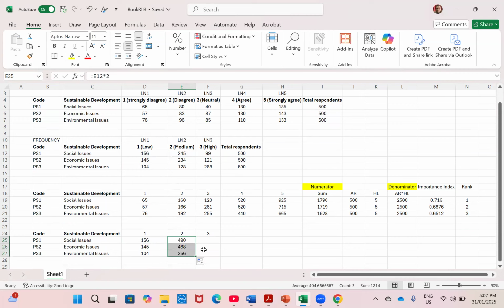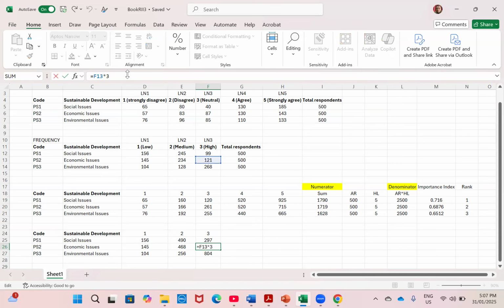You just drag it down to get the other one. 3 by 3. You just bring it down. Yeah.